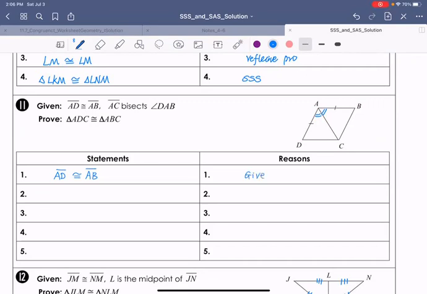Given, right? Next. Given line AC bisects angle DAB. Given.